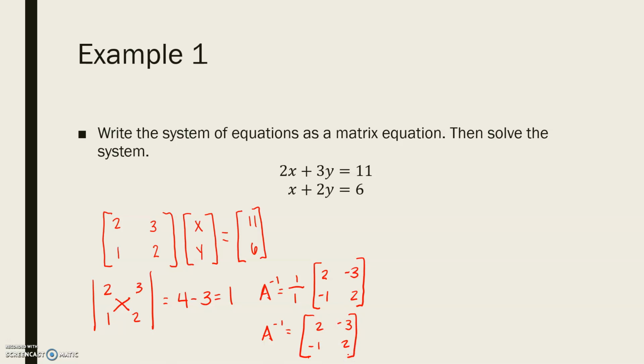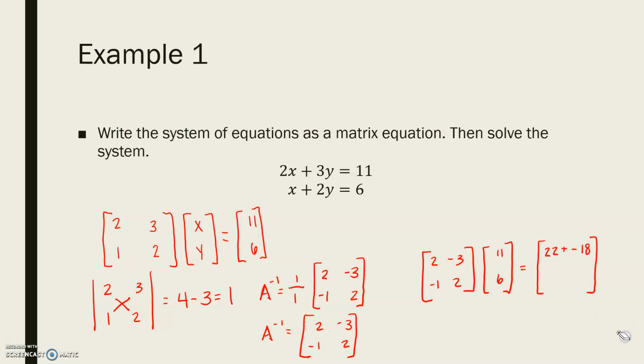All right, now I can take that inverse and multiply it by 11, 6. When I do matrix multiplication, I'm going to get 2 times 11, which is 22, plus -3 times 6, my bad, which would be -18.